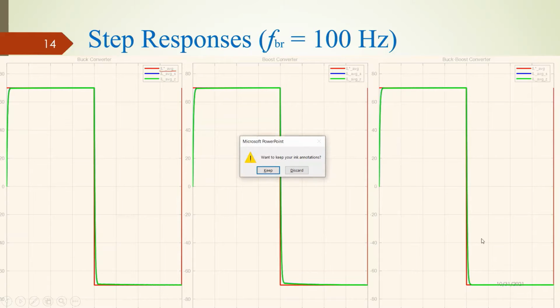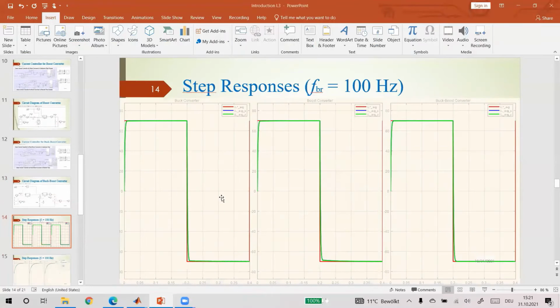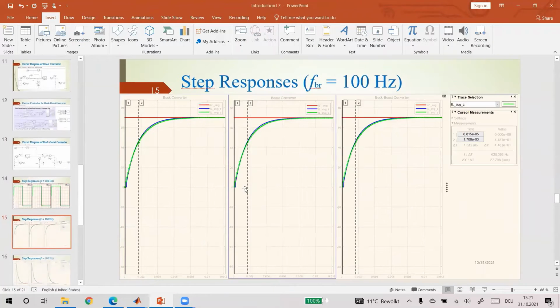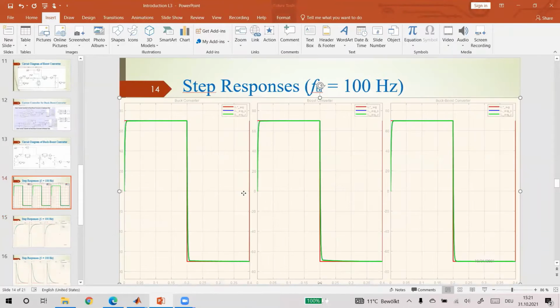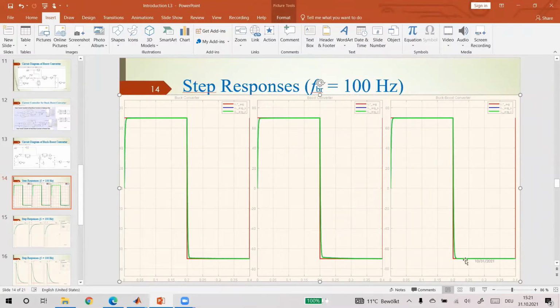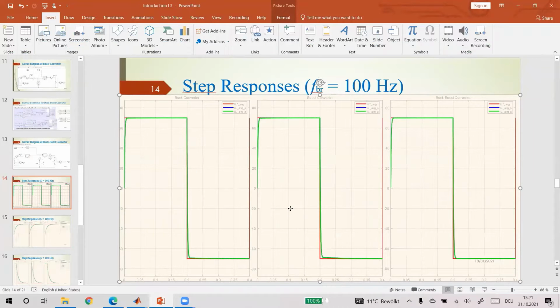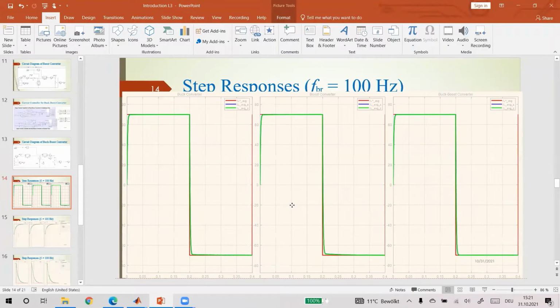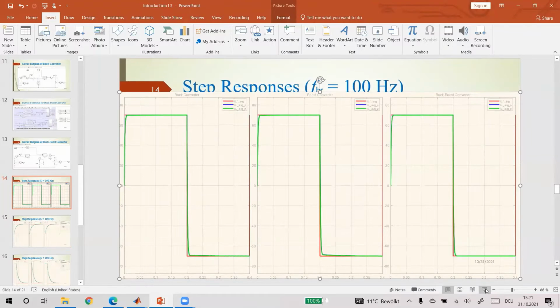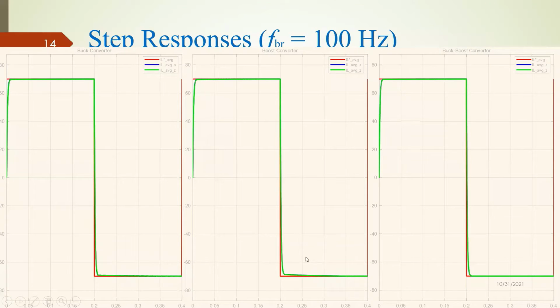I cannot see the x-axis, so let's shift it above. One moment. Okay, now we can see the x values. The x value is our time.